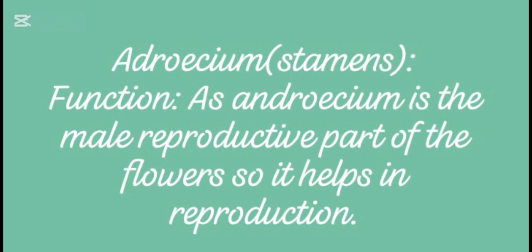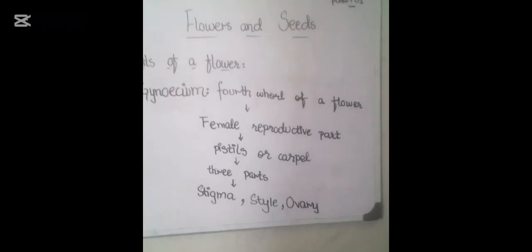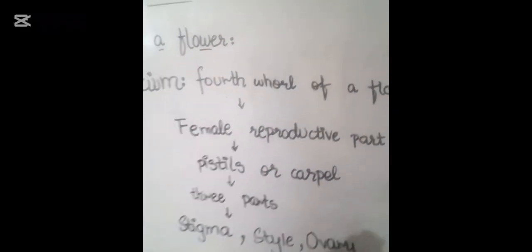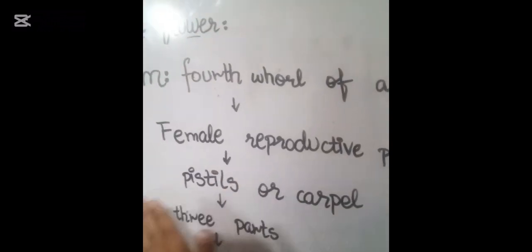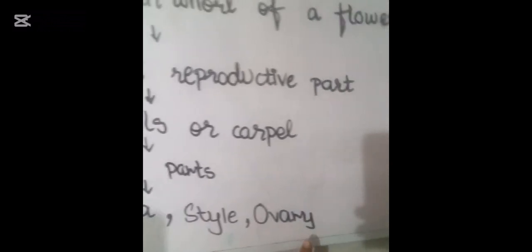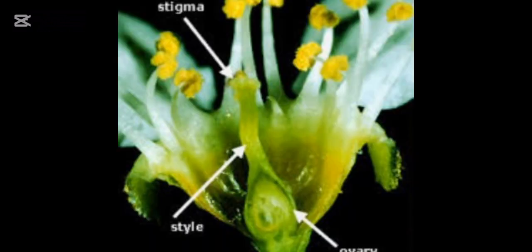Fourth whorl of a flower is called gynoecium. It consists of the female reproductive parts of a flower called carpels or pistils. So a pistil has three parts: stigma, style, ovary. So if you break the flower into two pieces, so in the half you can see the stigma, style, and the ovary. So stigma is the sticky part which receives the pollen grains.